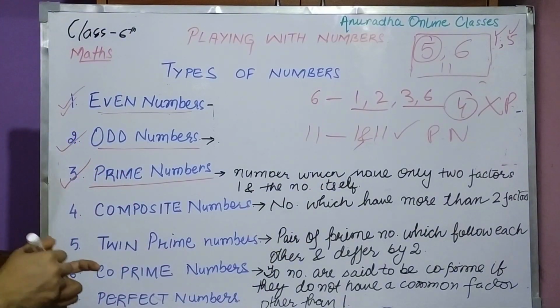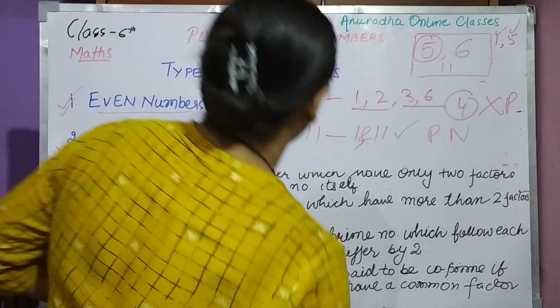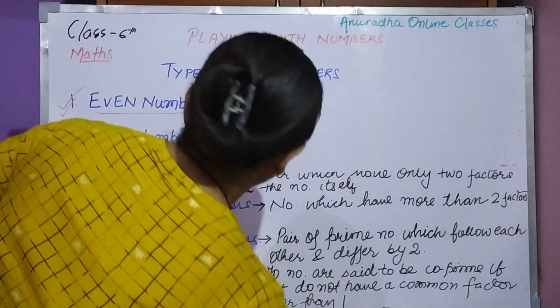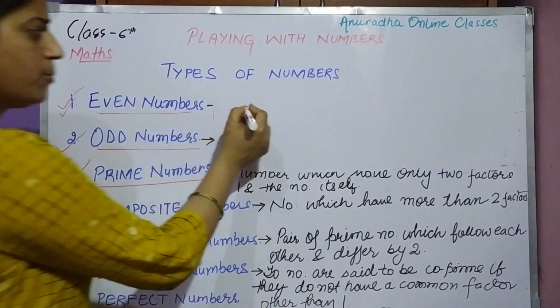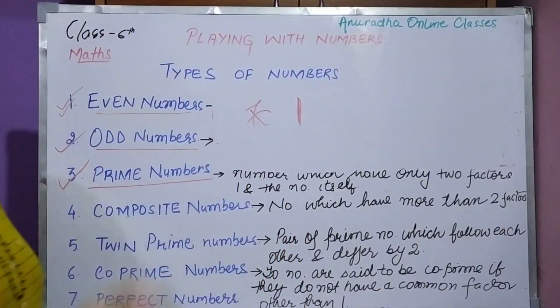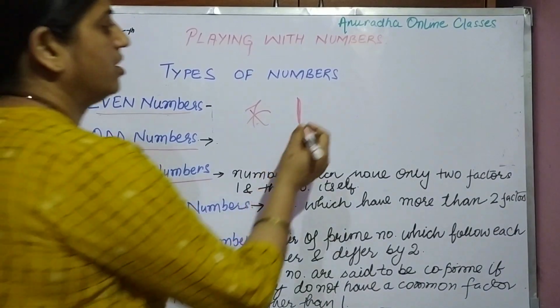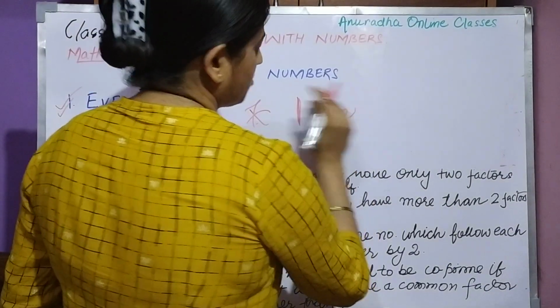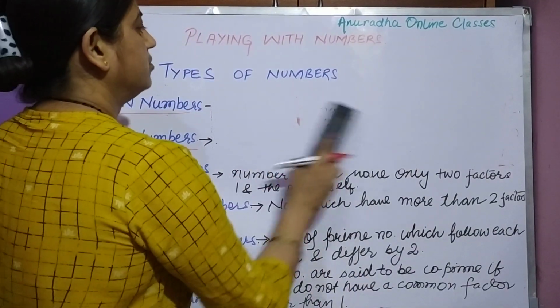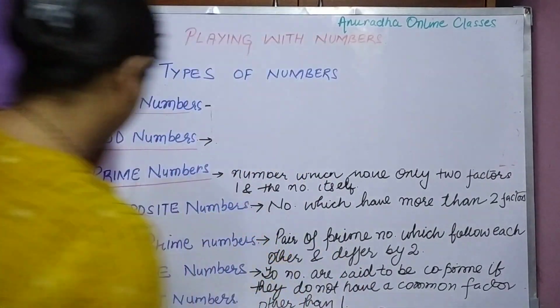Come to the next. Acha, one more thing in this, very very important thing. 1 is a number which is neither. Acha, before that you should know what is composite number.